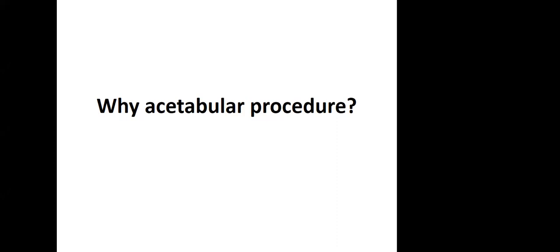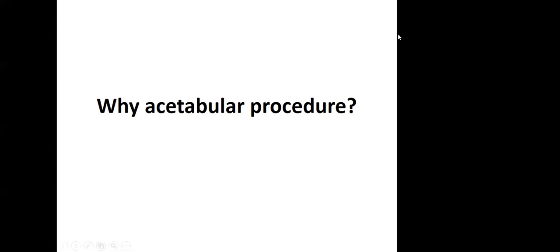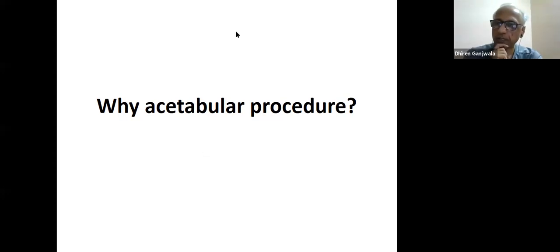So we want to contain the hip in the acetabulum, so we will carry out the acetabular procedure, sir. Okay. Now you are saying the acetabulum has remodeling capacity. Then why do we really want to do the acetabular procedure? It depends upon the acetabular coverage, sir. Okay, coverage. Right.